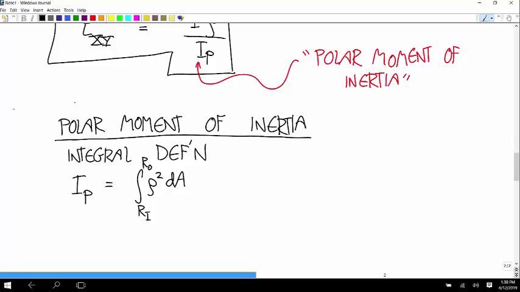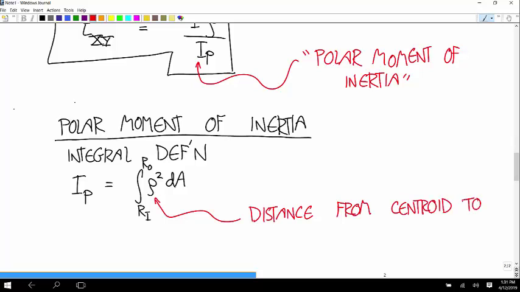This one is radial. That's what makes this polar. So this rho is the distance from the centroid to this infinitesimal area dA.